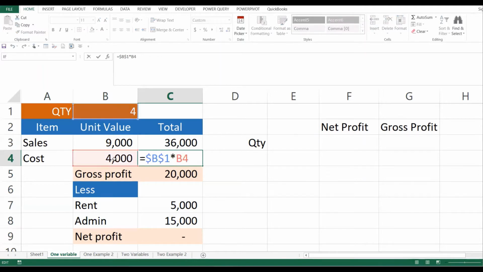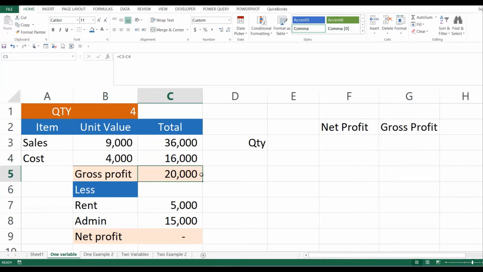Then the quantity times the unit cost price, I get what it cost me. So if I get the difference between the value at which I've sold, minus the value at which it has cost me, I get the gross profit. Now, I remove the fixed costs, rent, and other admin costs, then I get the net profit.